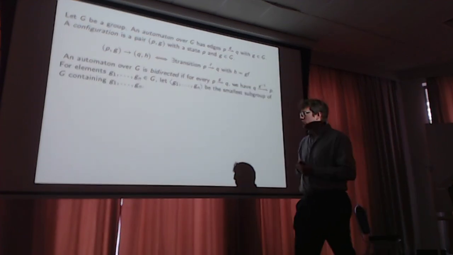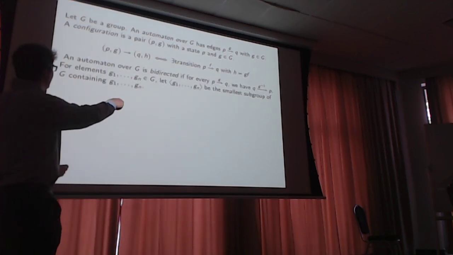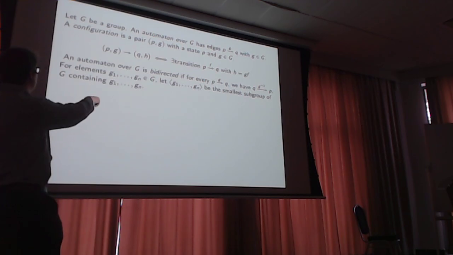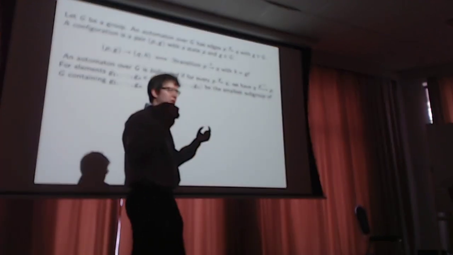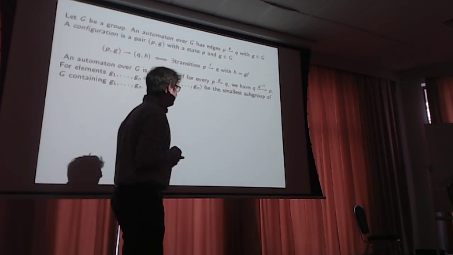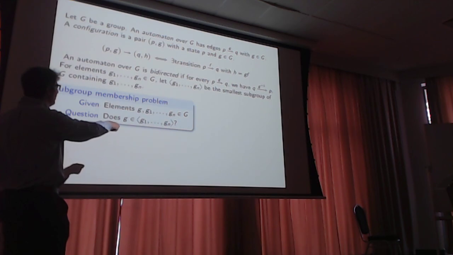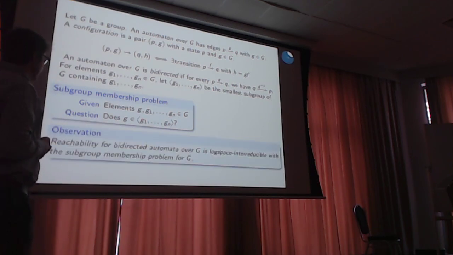And this is connected to finitely generated subgroups. A finitely generated subgroup is just the smallest subgroup of the group that contains this finite set of elements. So you take all the products, but also including the inverses. And the subgroup membership problem is, given elements g and g1 to gn, you want to know does g belong to the subgroup generated by these elements.